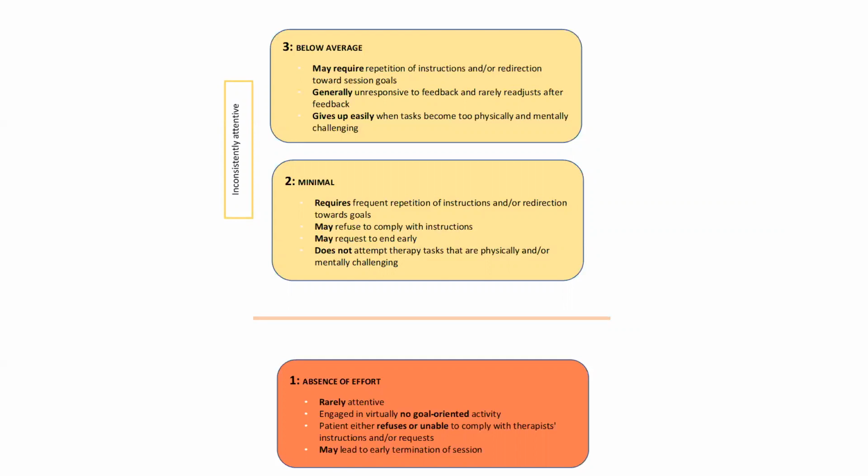And then you have the 1, which is absence of effort. Whether it's cognitive, physical, psychological, or fatigue-wise, whatever the reason may be why a patient may not be able to engage or attempt an activity, a score of 1 is a patient who really cannot attend to anything you are telling them.